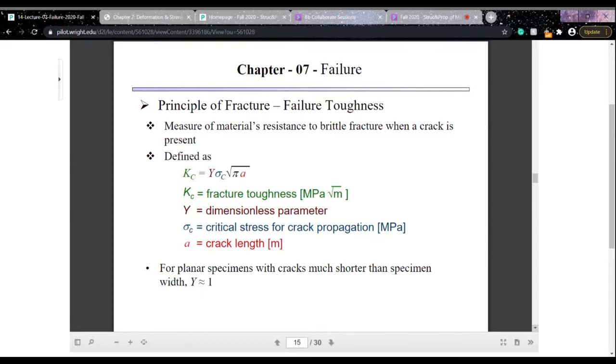So the fracture toughness is given by Kc equals Y sigma c times root pi a, where Kc is the fracture toughness and the units are MPa root m. Y is a dimensionless parameter, sigma c is the critical stress for crack propagation, and a is the crack length. For most materials, the dimensionless parameter Y will be equal to 1.